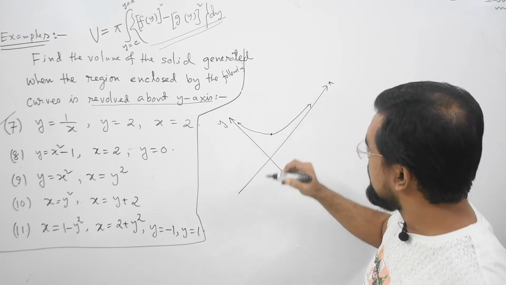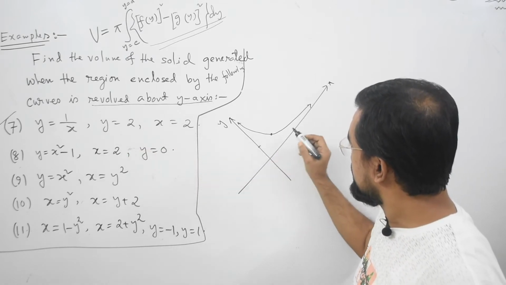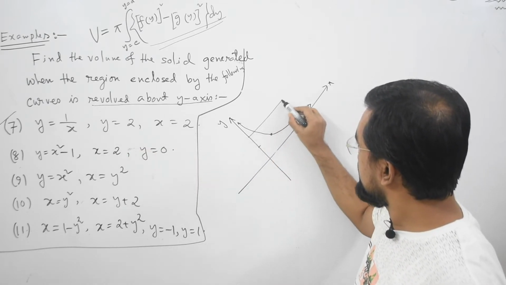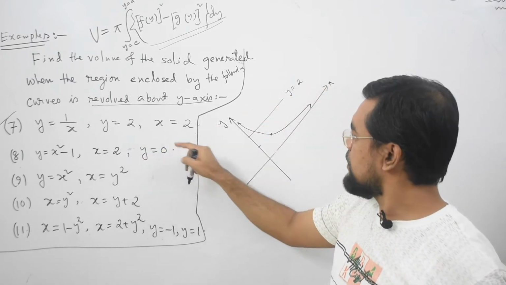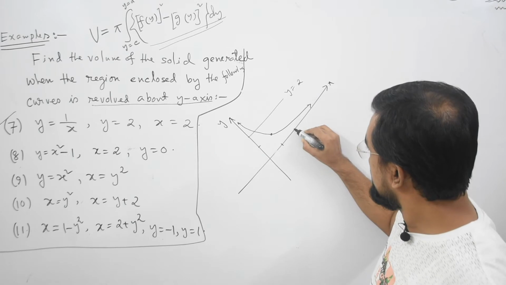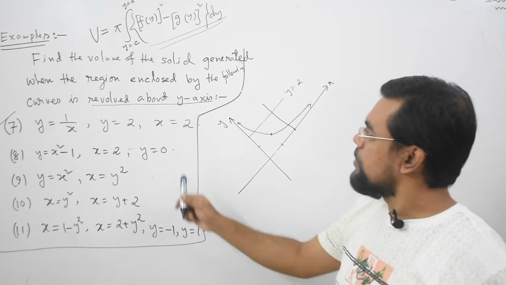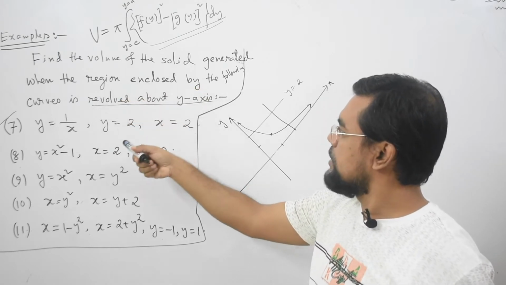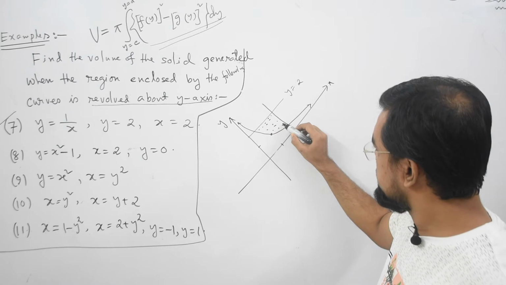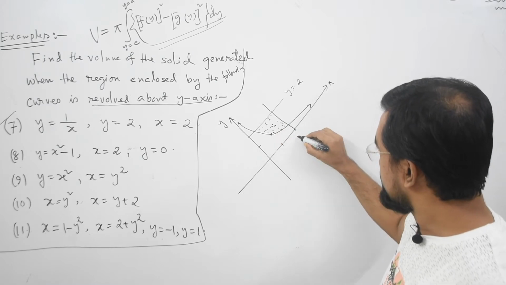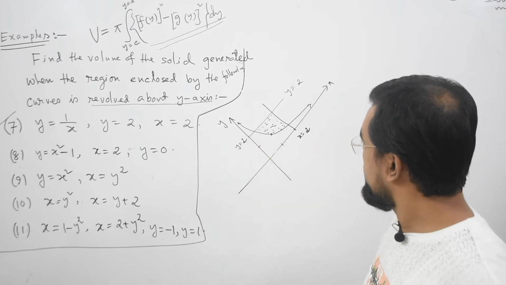Another line is y equal to 2, and x equal to 2 is another line. The region enclosed by these curves is this region, where x equal to 2 is here and y equal to 2 is here.